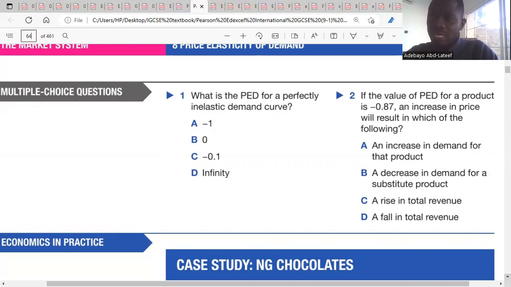So when the price rises, consumers will continue to buy. If consumers continue to buy, the total revenue will rise. The demand will not change, but the price has changed. As a result, the total revenue will increase.